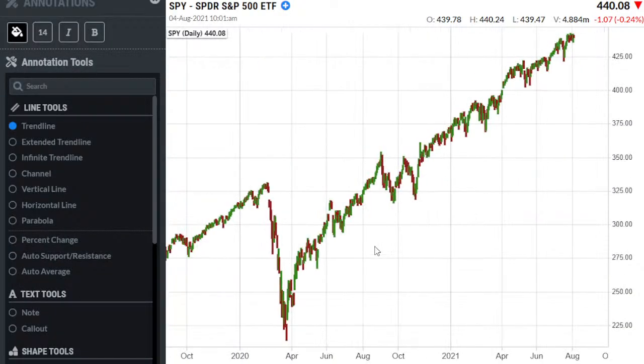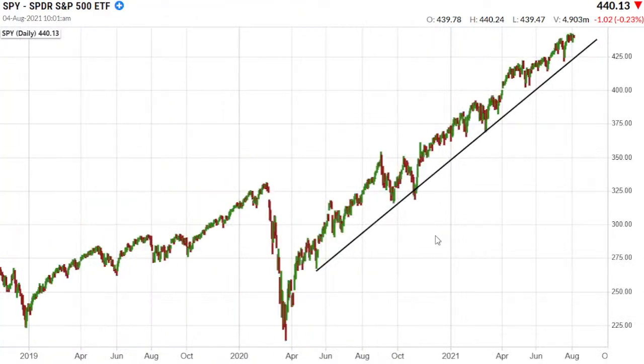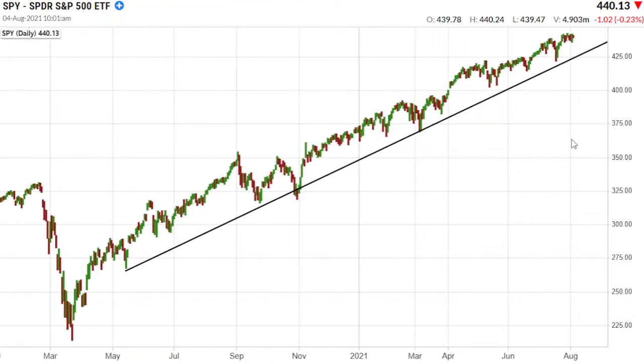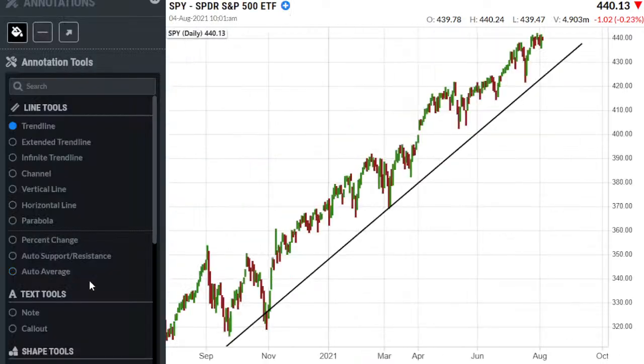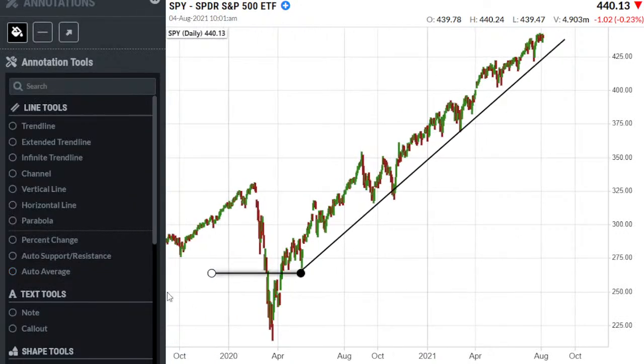See if I can draw a trend line. I'm just going to attempt to draw a trend line here, and this is a little bit tricky.